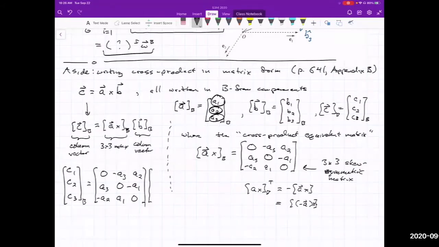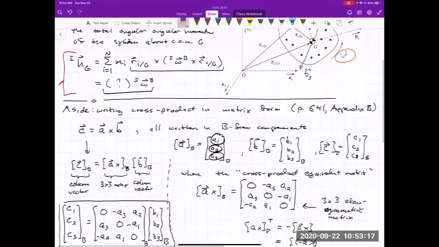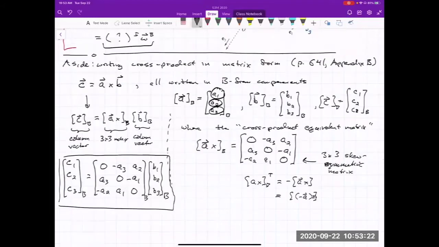This is all in the B frame, and then this is B1, B2, B3, for just general vectors C, A, and B. So what happens on the right-hand side here is this works out to give you what the cross product would give you. And maybe you've memorized a different way to get the cross product, but this also works. So we have written the cross product in terms of a matrix, and now we're going to apply this to write H up here in terms of omega.